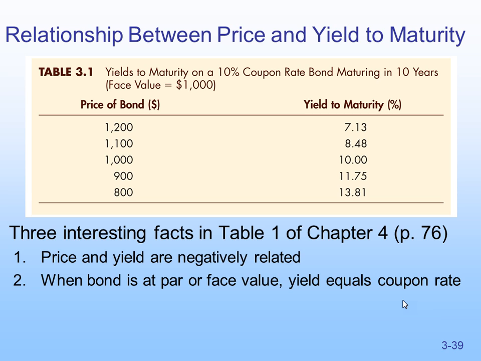The second one is the one that Raina said. When the bond is priced at par value, when it's at par, what's the yield? It's 10%. What's special about 10%? Well, that's the coupon rate for this bond, okay? So when the bond is priced at par, the yield to maturity is the coupon rate.